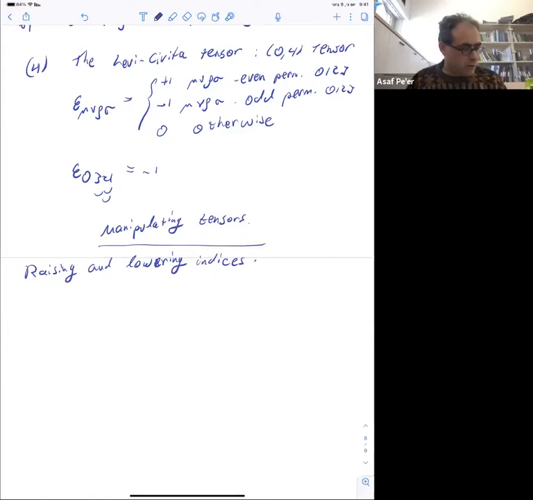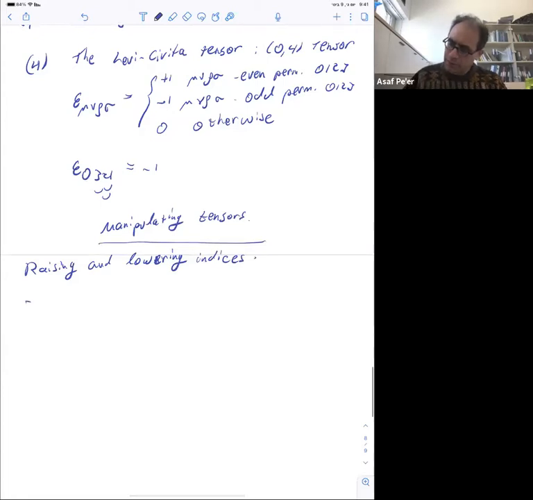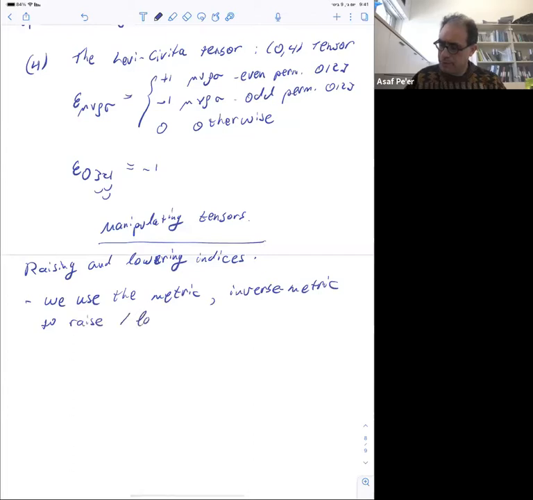The norm was actually a good example of using the metric to lower indices. Basically, we use the metric and the inverse metric to raise and lower indices of a tensor.